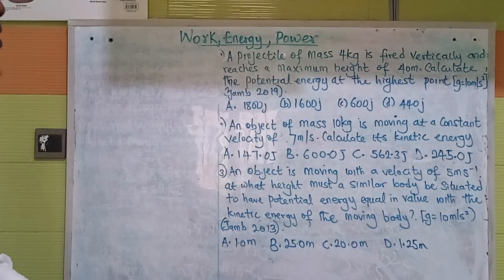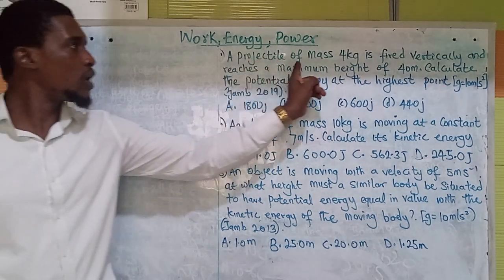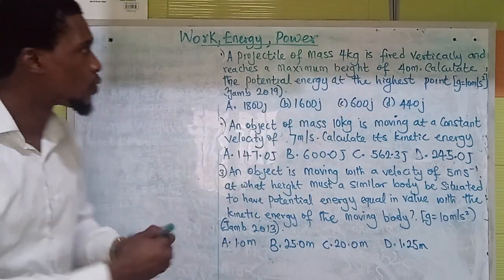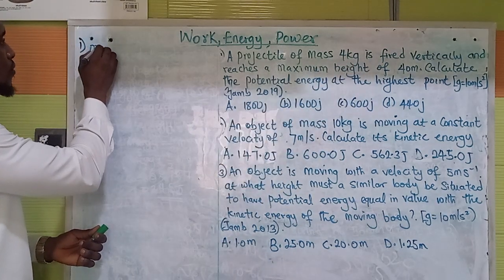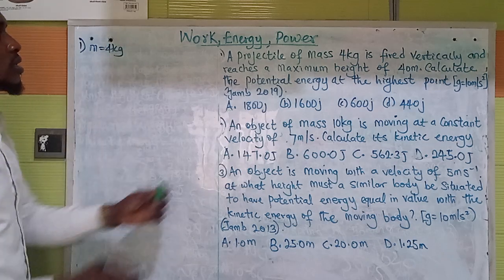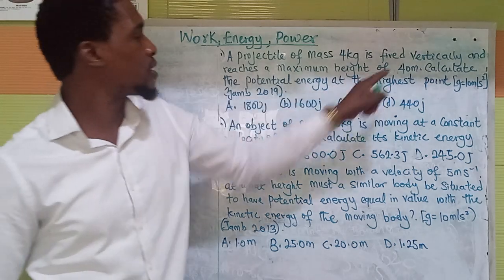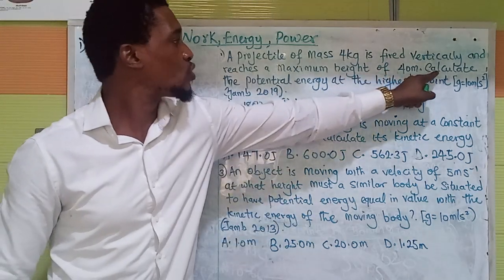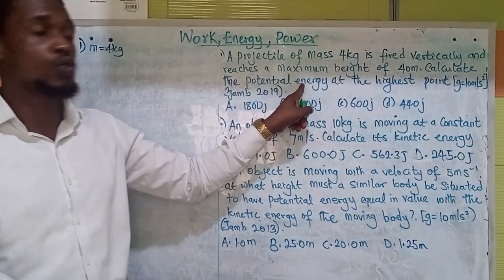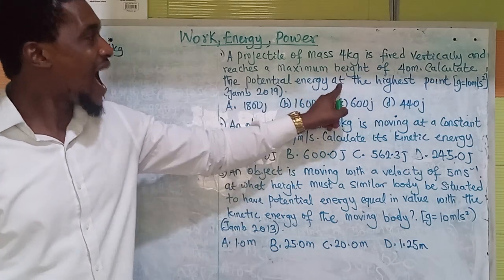Question 1 says, a projectile of mass 4 kg is fired vertically and reaches a maximum height of 40 meters. Calculate the potential energy at the highest point.